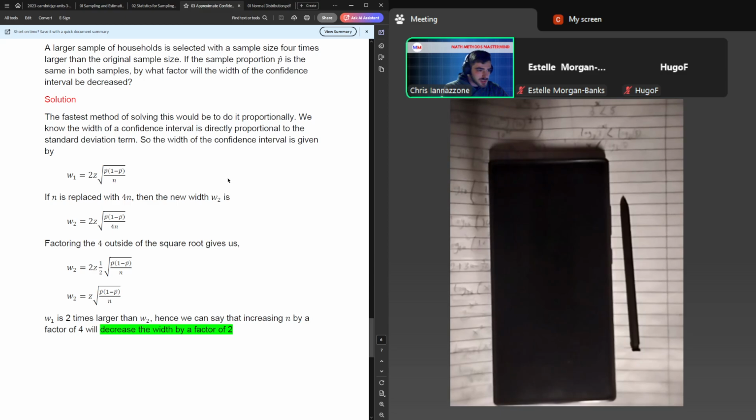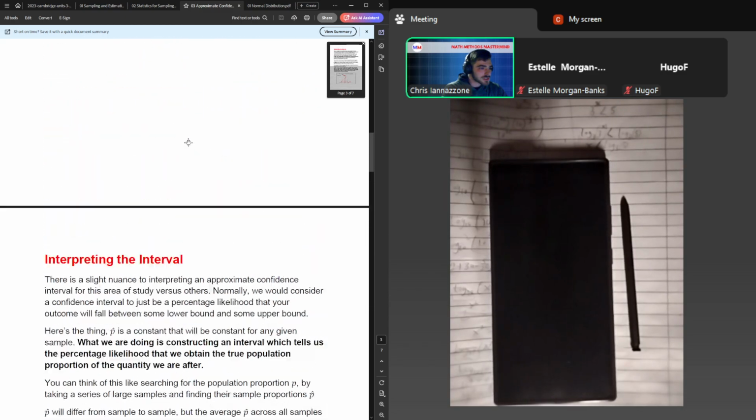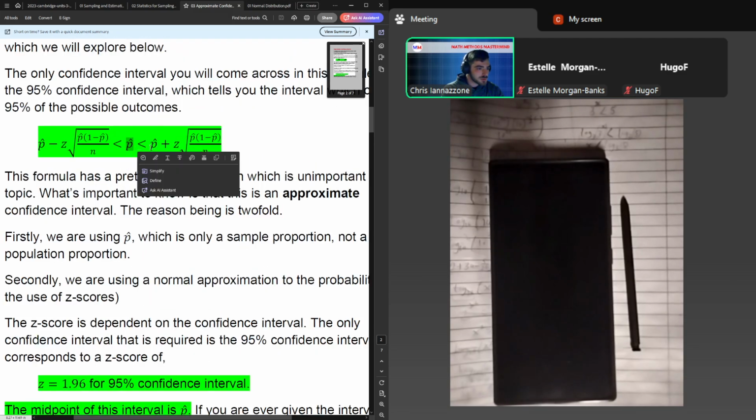The first thing we've got to consider is how do we even get a width to begin with? Where does the width of a confidence interval even come from? That's going to be given by your standard deviation terms. Because if you have a look at the actual way that you calculate confidence intervals, you start at a middle, and then you plus and minus some number of standard deviations.